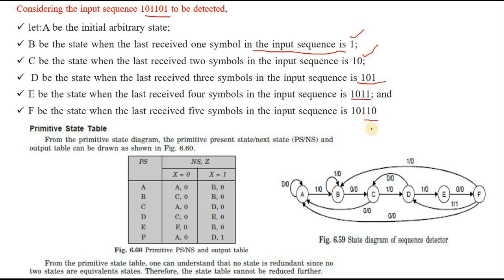So this is a simple analysis of how a sequence will be detected. But I have given the state diagram, right? The state diagram is built to detect 0 0 0 0 0 1. So this is my intention to detect.